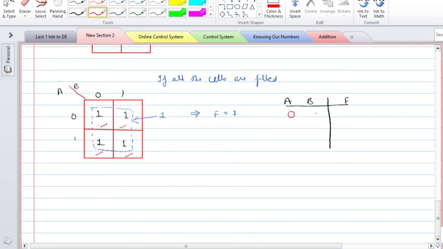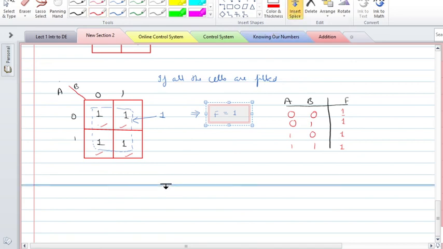For all the combinations this is 1. That's why the answer for this type of K-map will be 1.